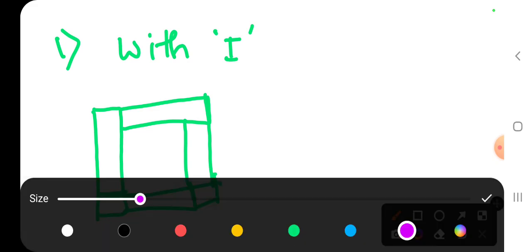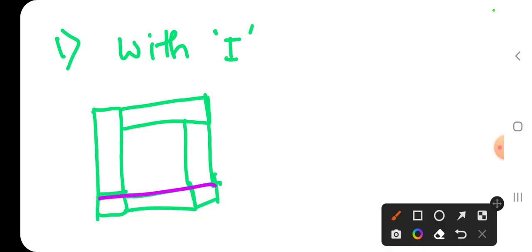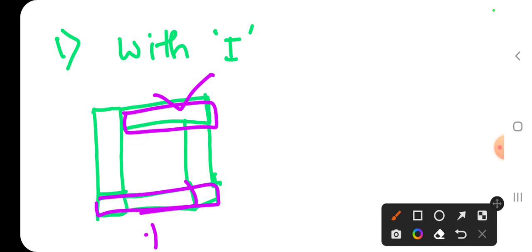We may require 4 I-shaped laminations. This is one I, this is another I. That means you need 4 joints.